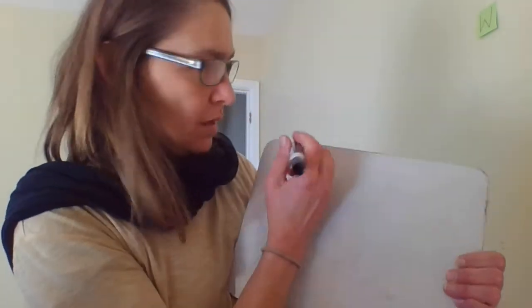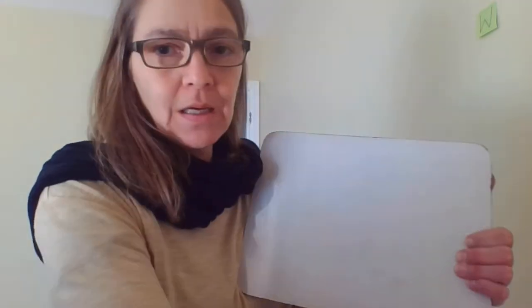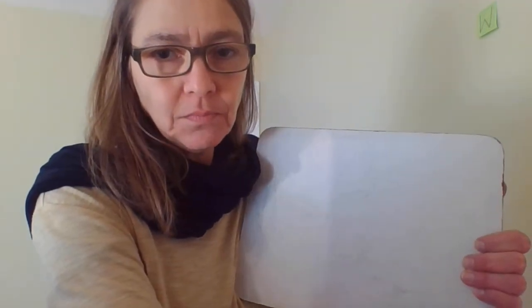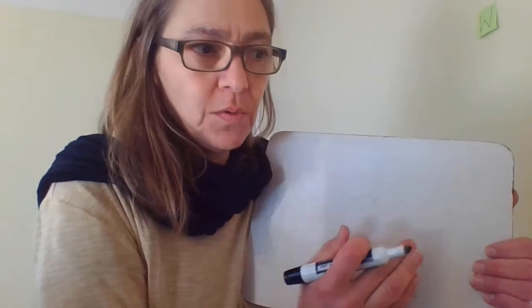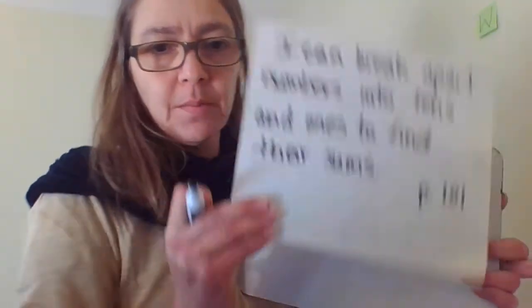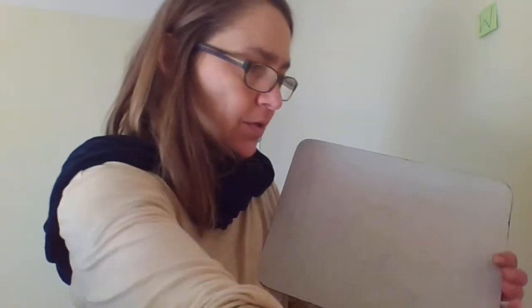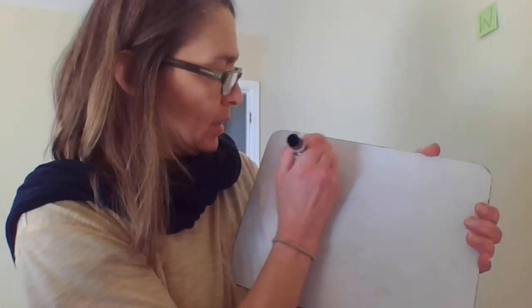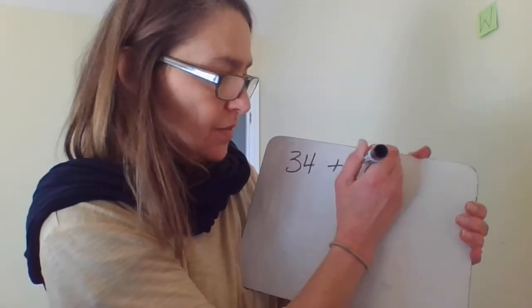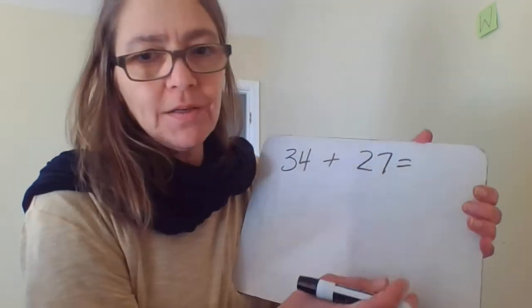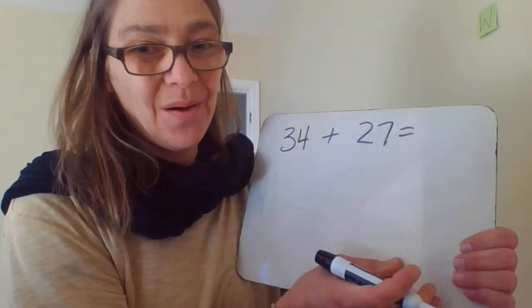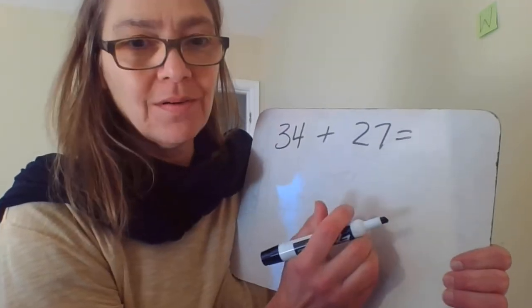All right, welcome back. And we are going to use this as an example to show you how to break apart numbers. Okay, so we have 34 cans and 27 cans, and we want to find the total, the sum, the answer.